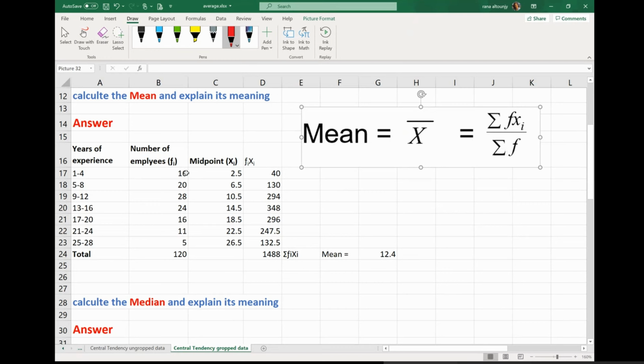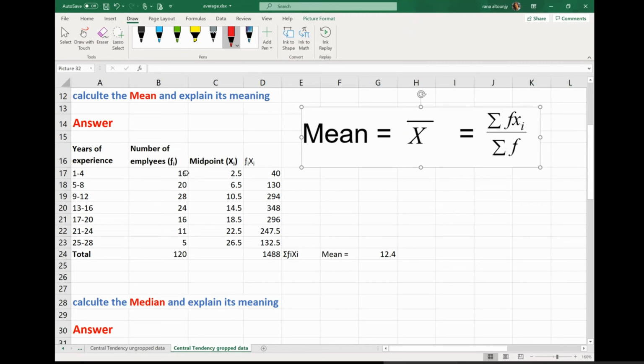How can we calculate it? We put equal. The midpoint is the higher plus the lower divided by 2. So here the higher is 4 plus 1, and we need to put it inside brackets, divided by 2. This is the midpoint for the first category. For the second category, the midpoint is 5 plus 8 divided by 2. But we didn't put equal at the beginning, so don't forget.